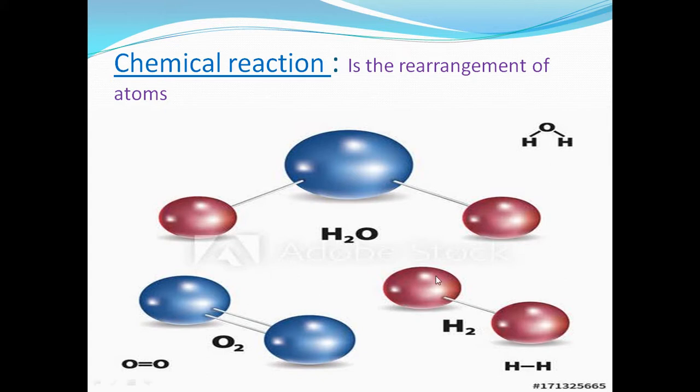Before the reaction, it was hydrogen and oxygen, H2 and O2. After the reaction, it changed into water, which is liquid. A new substance has appeared. So here, this is chemical change.